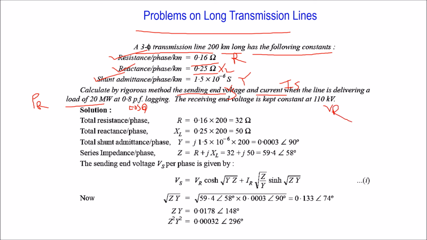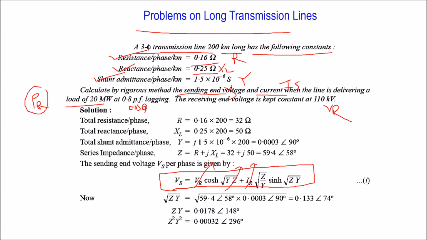So we know the equation to determine sending end voltage, right? So this is the equation to determine sending end voltage. So here VR is given, hyperbolic cos root over YZ, Y is given, Z is given, right? IR is not given, but we can determine IR since PR is given. So we know PR is equal to root 3 VR IR cos theta.